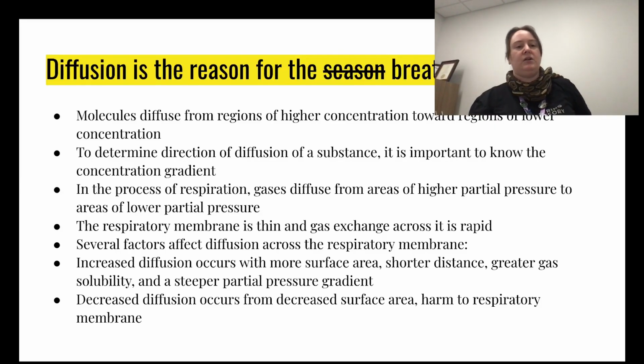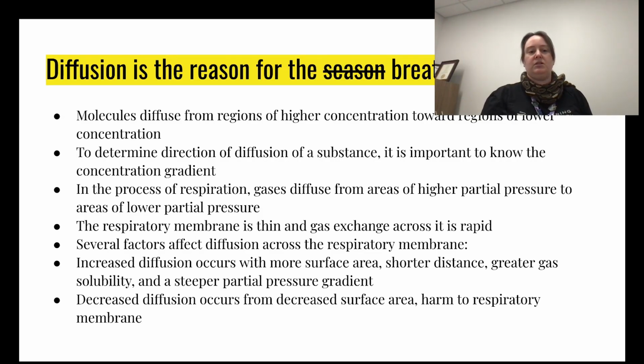So anyway, to determine the direction of diffusion of a substance, it's important to know the concentration gradient. In the process of respiration, gases diffuse from areas of higher partial pressure to lower partial pressure. The respiratory membrane is thin, and gas exchange is very rapid. Like I said, the less distance you have, the more efficient diffusion is. Several factors affect diffusion across the respiratory membrane.